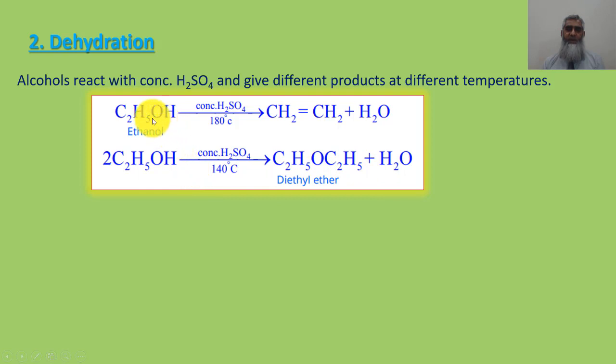At 180 degrees Celsius, water will be removed to produce ethene gas, but when the reaction takes place at 140 degrees Celsius, 2 moles of ethyl alcohol, by the elimination of a water molecule, these 2 alkyl groups will combine to produce ether, diethyl ether.